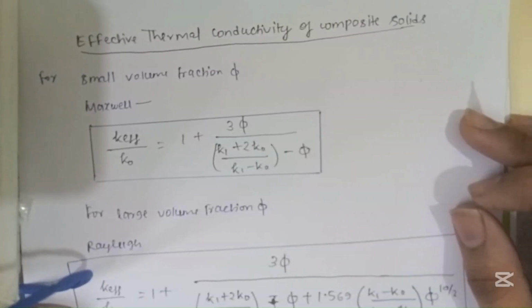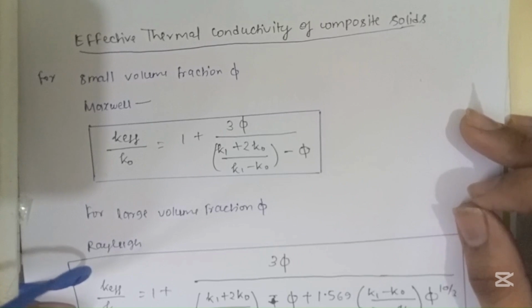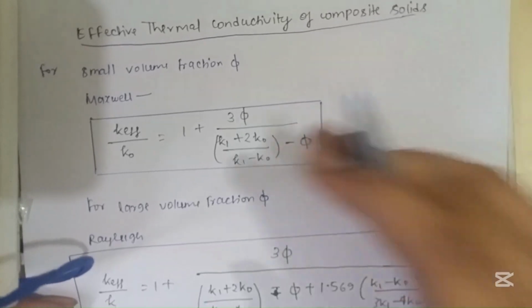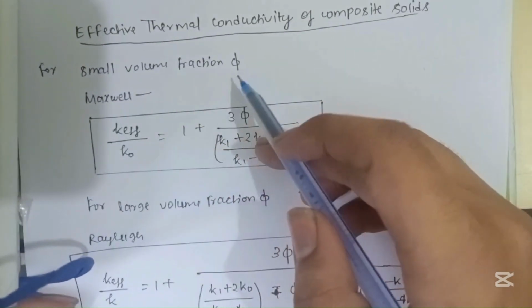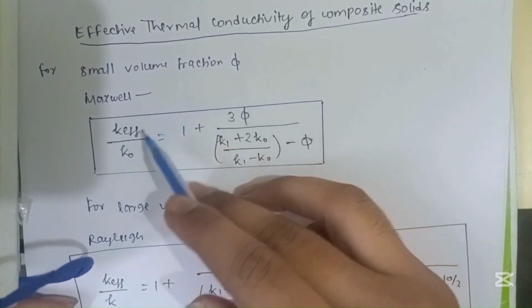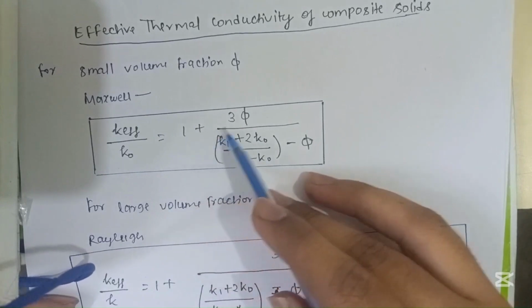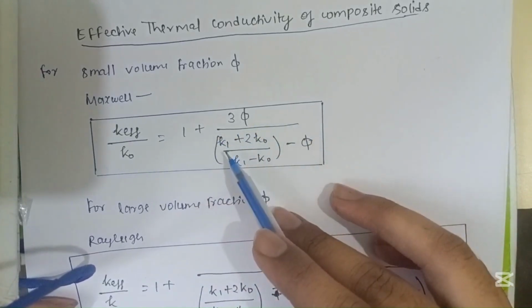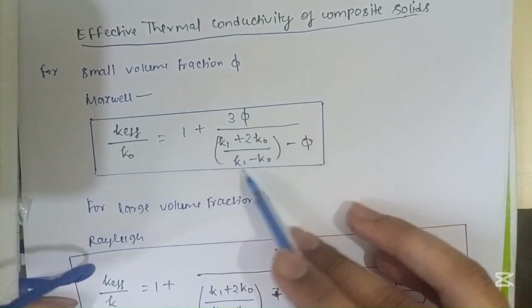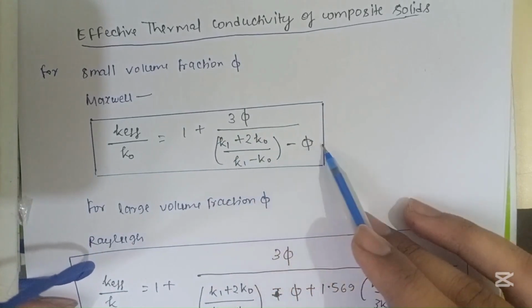For estimation of thermal conductivity of composite solids, we have two formulas. For a small volume fraction phi, Maxwell gives the relation K effective upon K naught equals 1 plus 3 phi upon (K1 plus 2 K naught upon K1 minus K naught) minus phi.